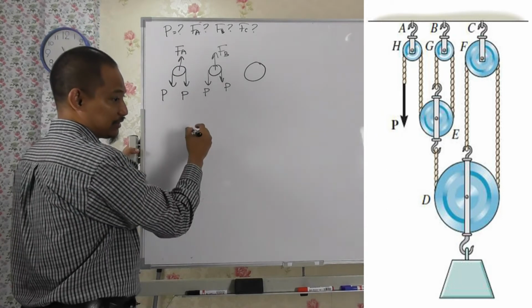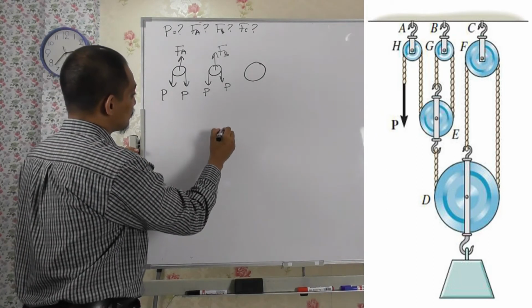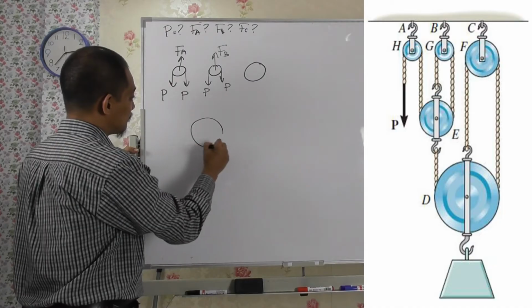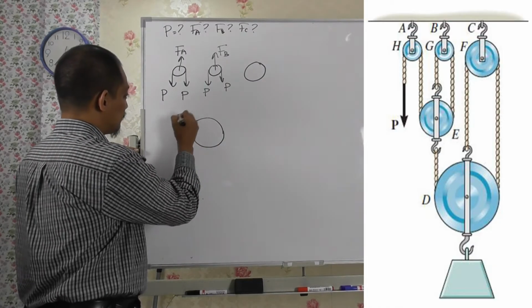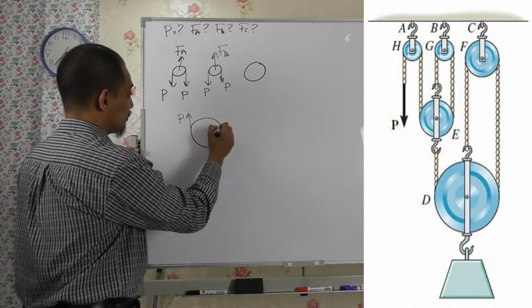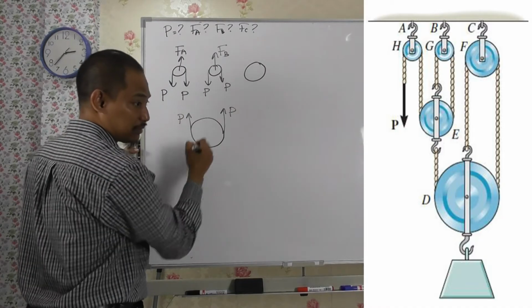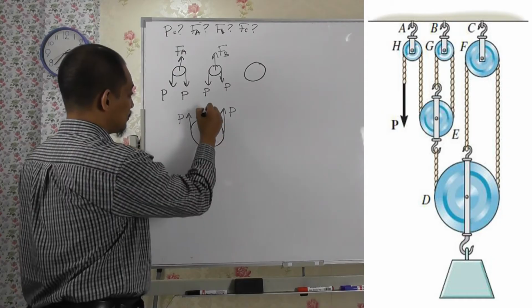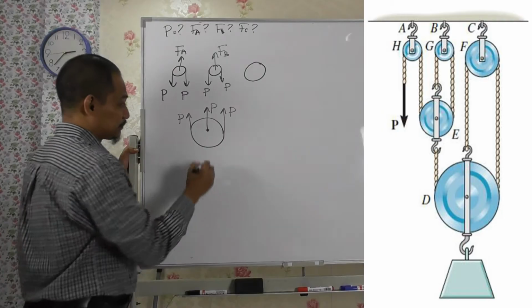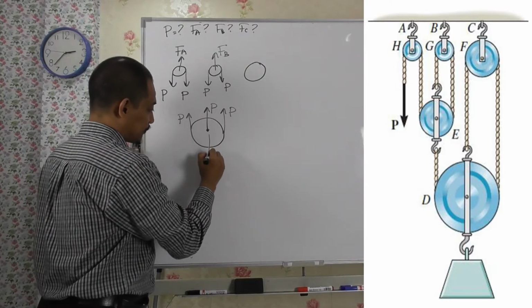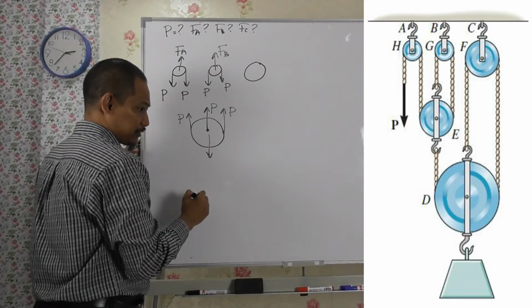So this one is actually linked to a pulley here, where this is P from this one, and this is P here, and then it goes here, right? So all these P's are connected to the same cable, and then you have one force downward. Let's use T for tension.